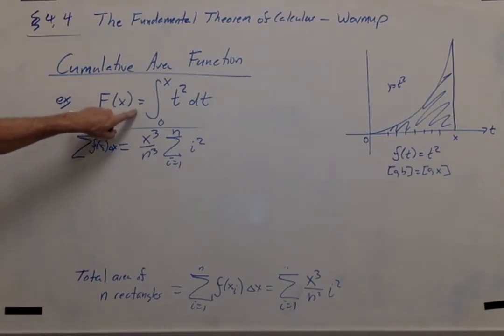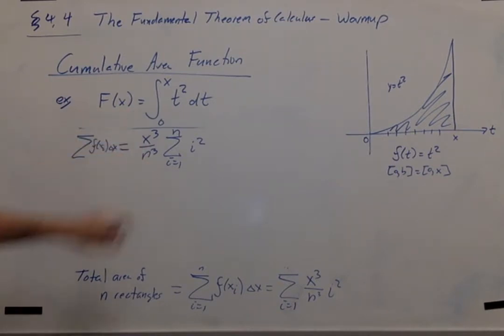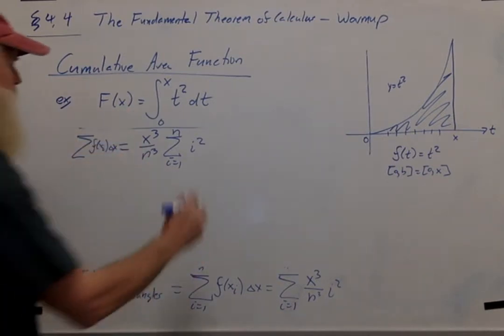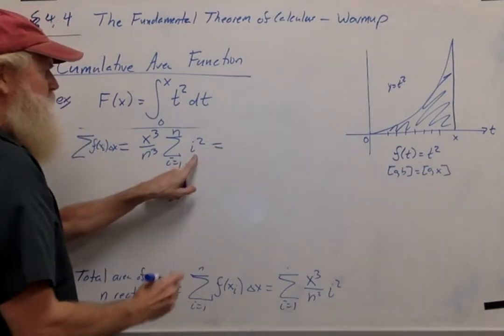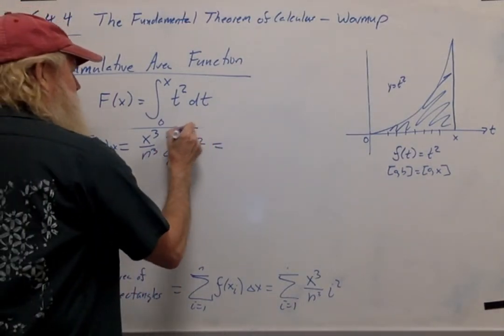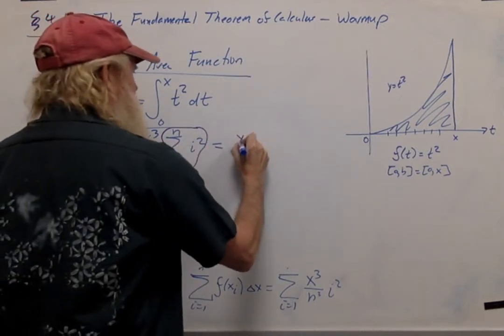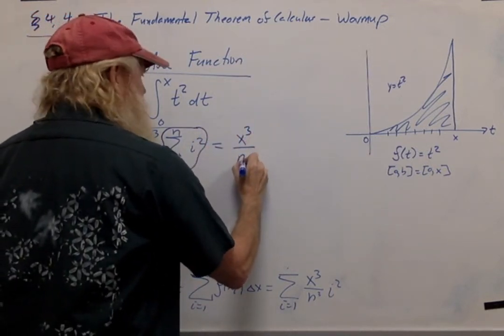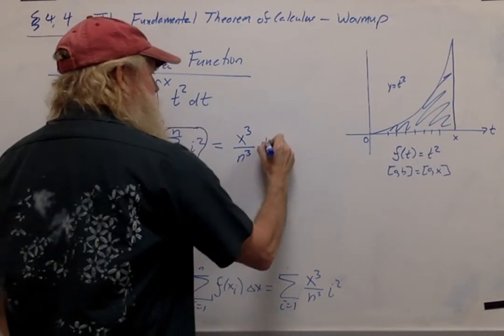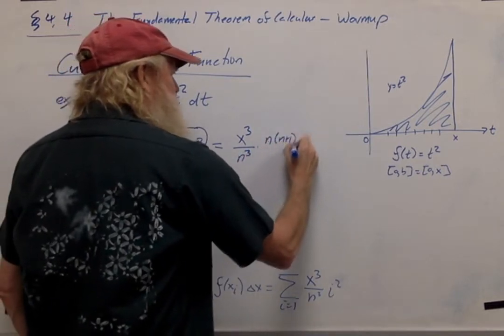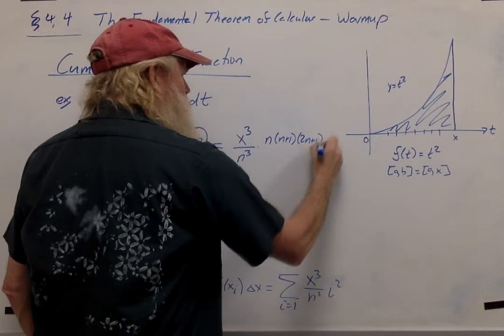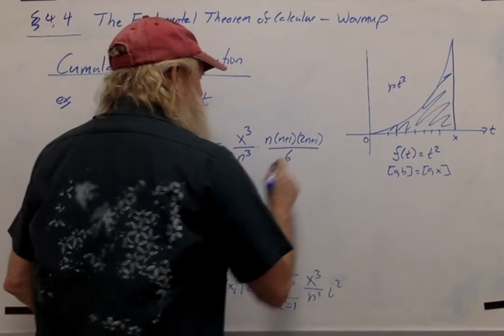And then the value of this integral is going to be the limit of this as n goes to infinity. So first of all, let's substitute in our summation formula for the sum of i squared. We'll get x cubed over n cubed times n times n plus 1 times 2n plus 1 over 6.